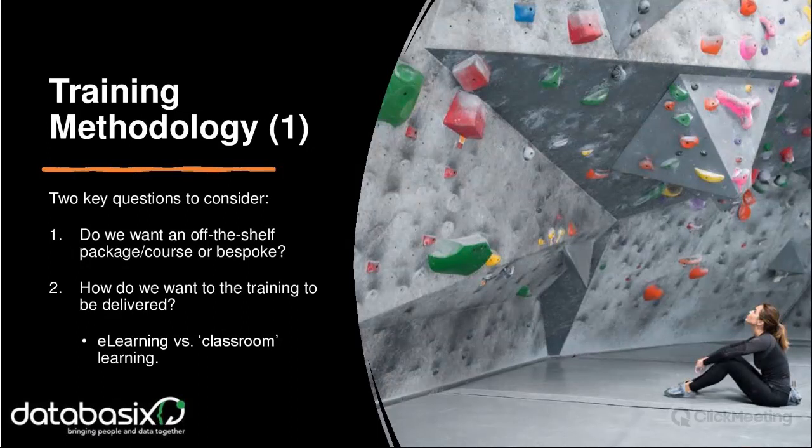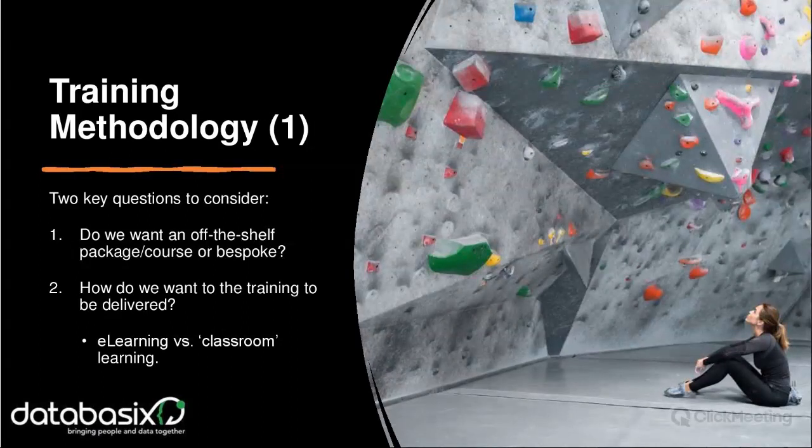Obviously, if you're going off the shelf, it's likely to be delivered in an e-learning fashion, which means whilst it might be white labeled with your logo and style, it will be delivered via a computer. Or do you want more interactive classroom-based training? Classroom-based doesn't actually mean in an office. We could do something like today.